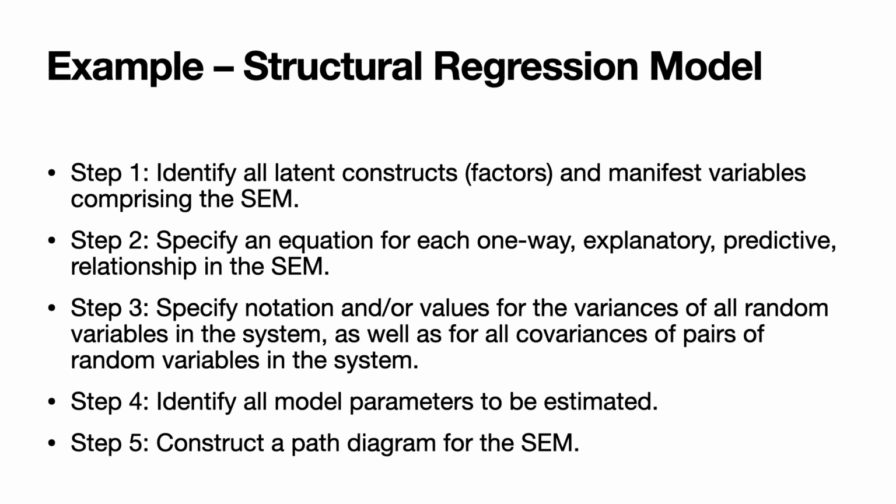In step 3, we specify notation and/or values for the variances of all random variables in the system, as well as for all covariances of pairs of random variables in the system. Step 4, we identify all model parameters to be estimated, and then we'll count them. And then in step 5, we'll construct a path diagram for this structural regression model.